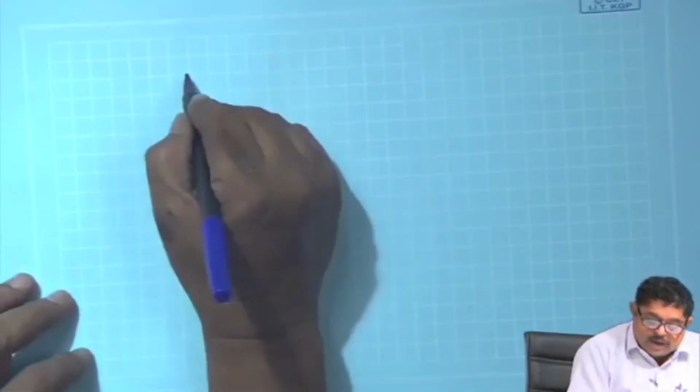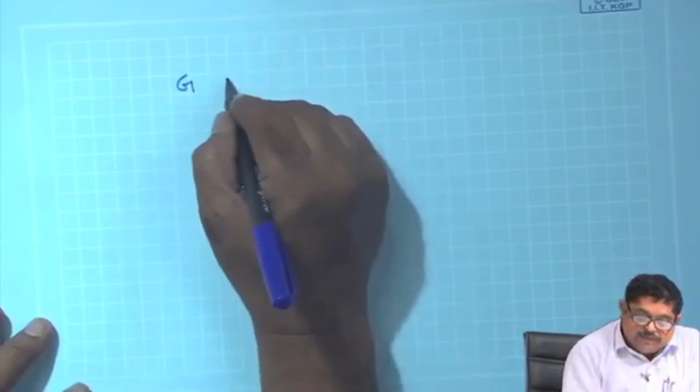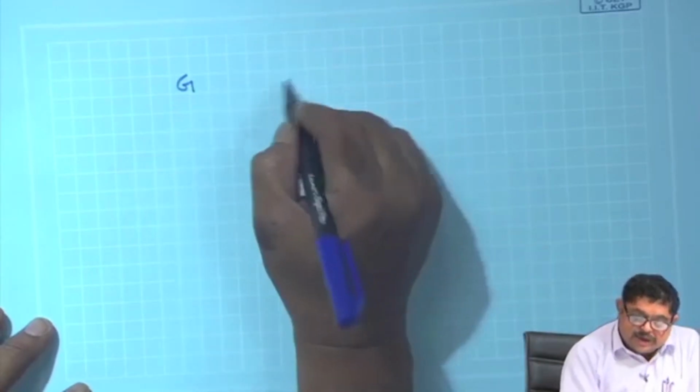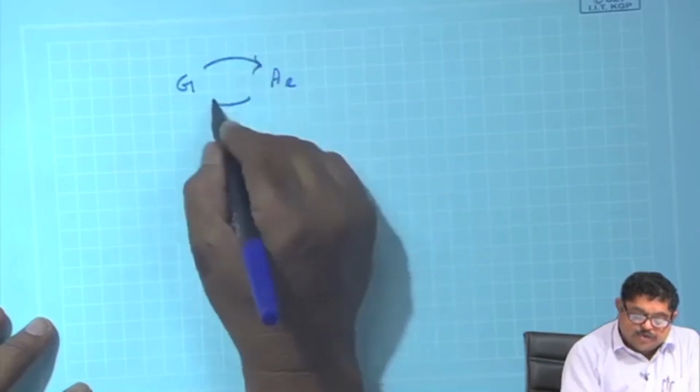Now, you see that for any antenna, its transmitting gain G and its effective area A have a relation between them.